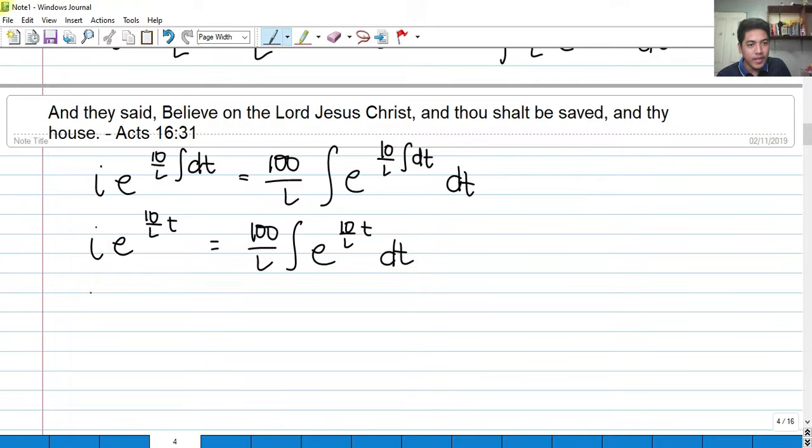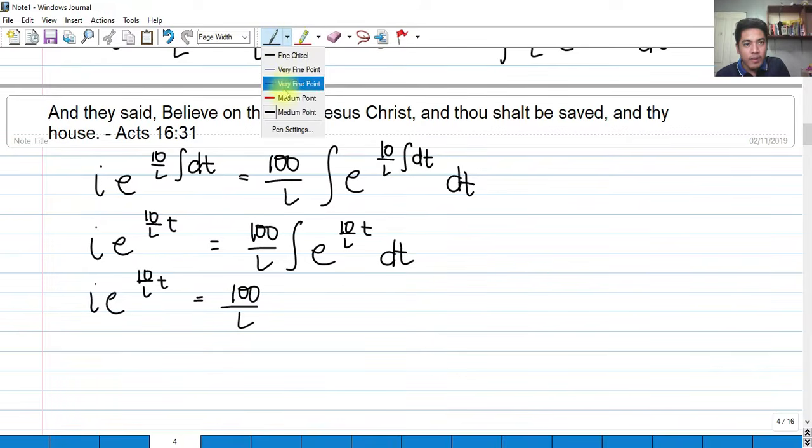So this left side remains I e raised to 10 over L t, and we have 100 over L. Okay? How do we integrate this? Okay? Remember that we are integrating with respect to dt. Okay? So, any other term here, 10 over L, is considered as a constant because it does not have t. So, we have t in here.